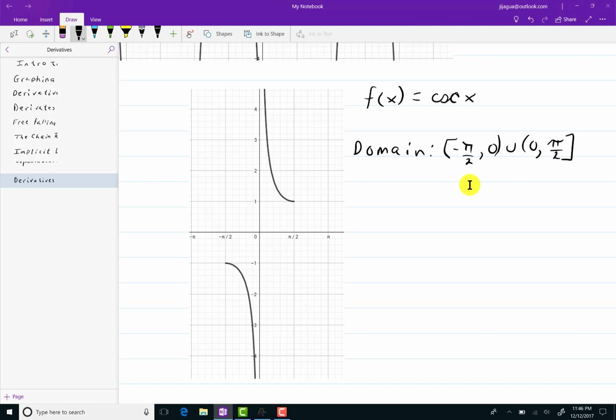And the range, let's see the y values that are taken up here. We go from negative infinity to negative 1, including negative 1. So we have negative infinity to negative 1, bracket, union, 1 to infinity. And that's this part. The y values that it takes up go from 1 to infinity. I also have this vertical asymptote of x equals 0.